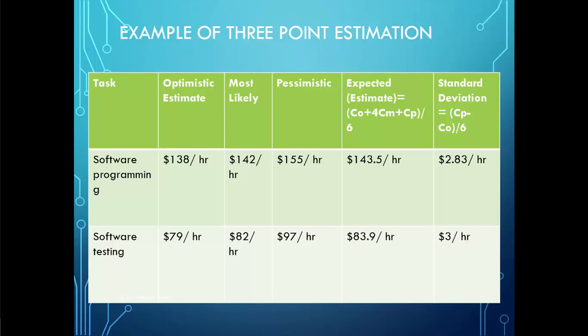So the estimated or expected time for the software programming and software testing activities was calculated using the 3-point techniques, and after that we calculated the standard deviation using the formula for the beta distribution, which is the cost of pessimistic minus the cost of optimistic divided by 6, and that is the standard deviation.